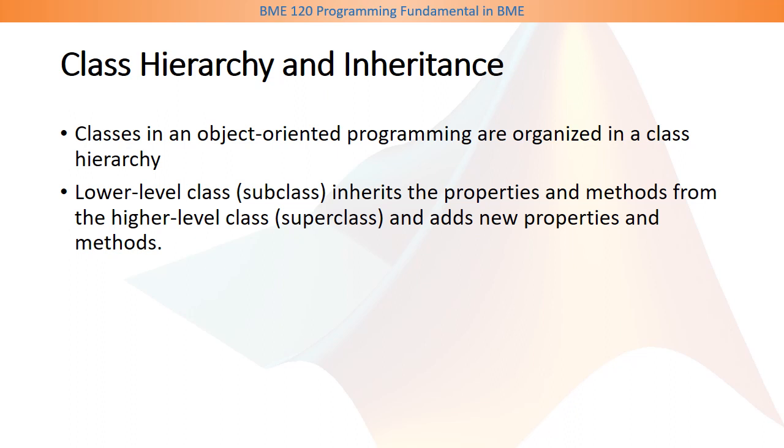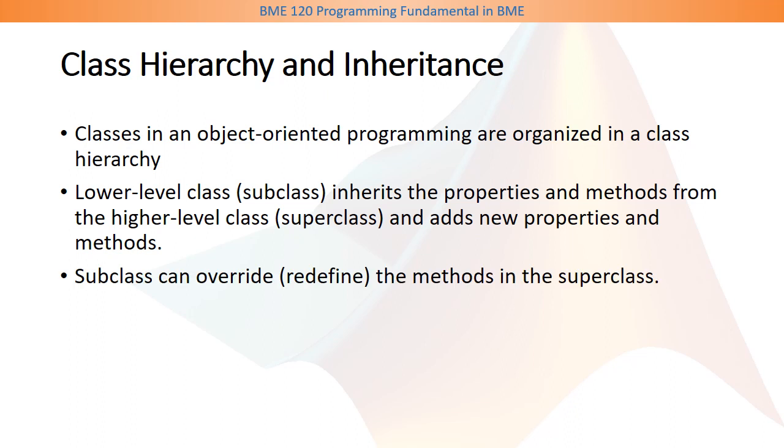In other words, the subclass only needs new code for the new methods added to the class. Sometimes a subclass can override the methods already defined in the superclass. In this case, it will use the same method name as in the superclass, but provide new code to process the data.